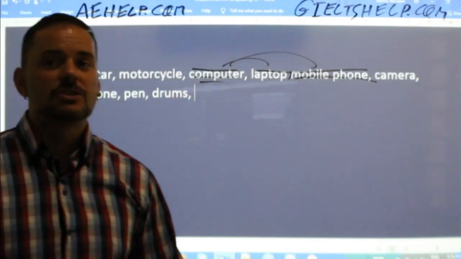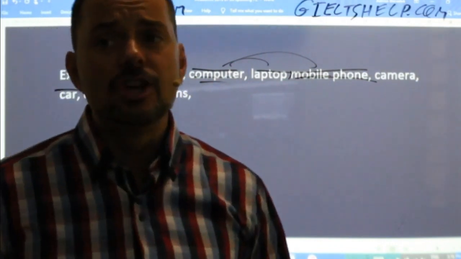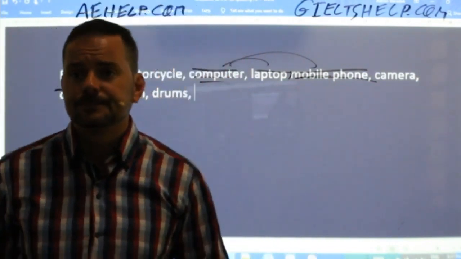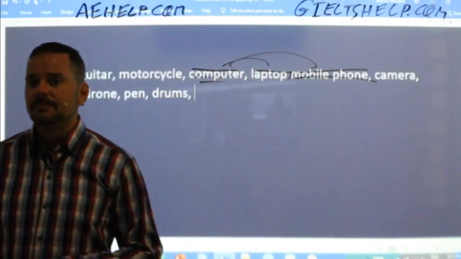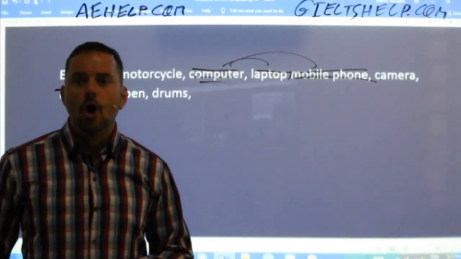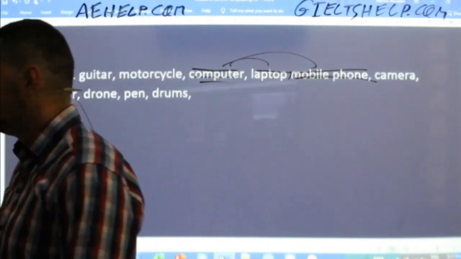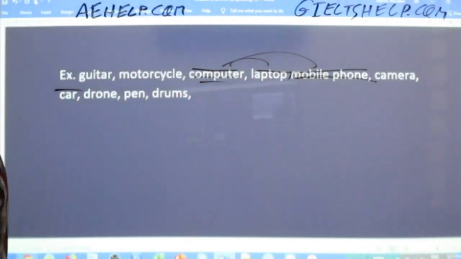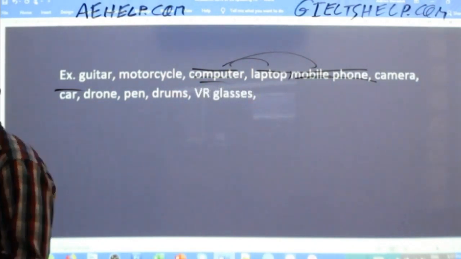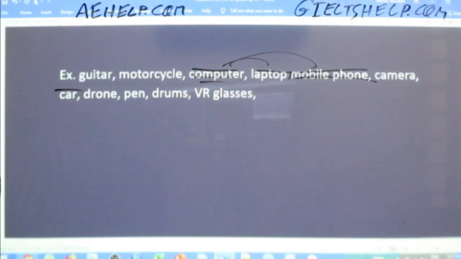Photoshop is a piece of software. It's not truly an object. Okay. All right. Remember, it's an object that you own. Lean Ahmed says virtual glasses. Virtual reality glasses. Knife. By Lovepreet.